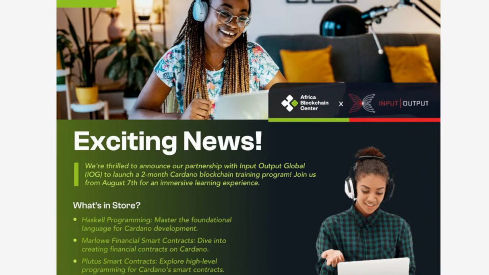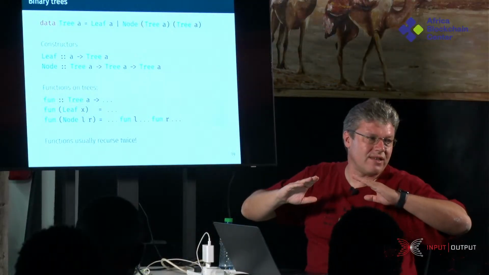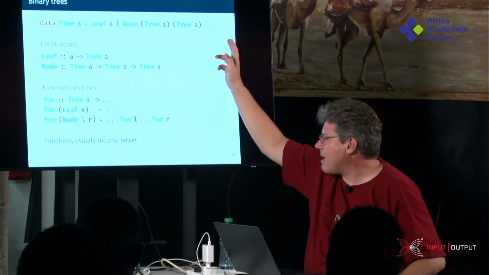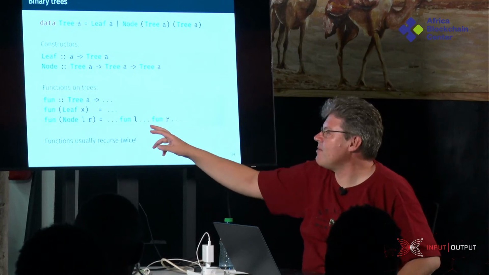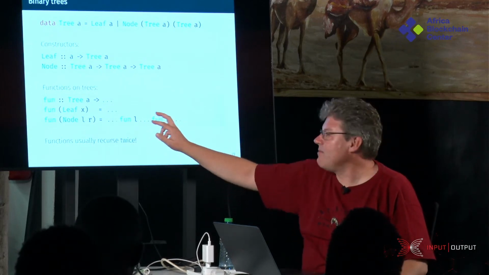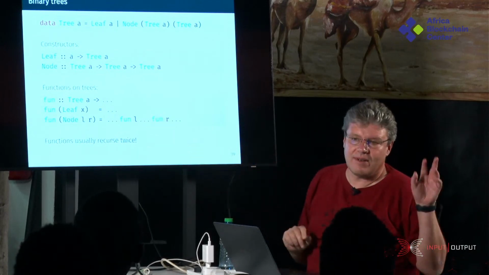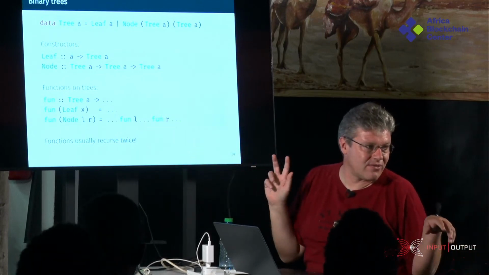I mean, with lists we had the cons case where it was head and tail, and the tail was again a list, but it only appeared once. So in the tree case, because both children are again trees, basically we get a double recursion. And typically when we implement a function, we will call the function we are just defining recursively twice, once on the left child and once on the right child of a node.